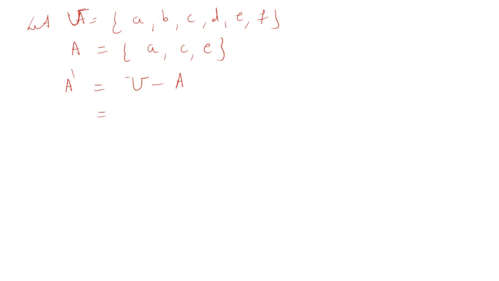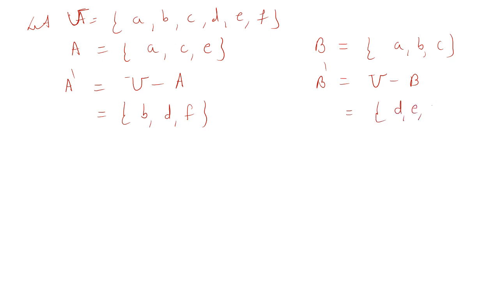Minus A means remove it. So what remains? b, d, f. This is A complement. And if you take one more example, B is equal to a, b, c. So what is B complement? It is U minus B, and that is, in U you remove a, b, c. So what remains? d, e, f. This is B complement.